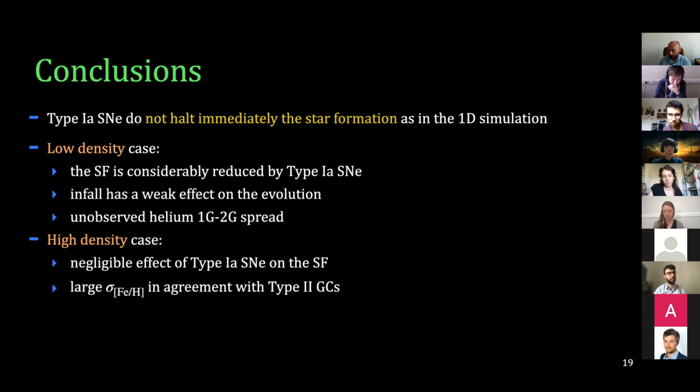The truncated IMF is a complicated ingredient, but in general, there are other scenarios which involve the existence of very massive stars, of things which have never been observed, I have to say.